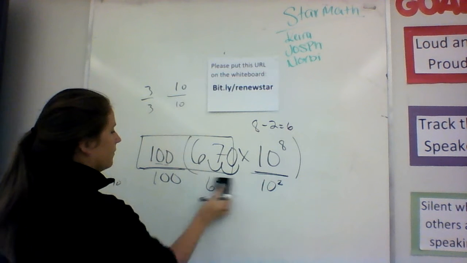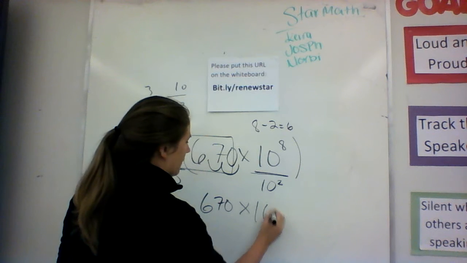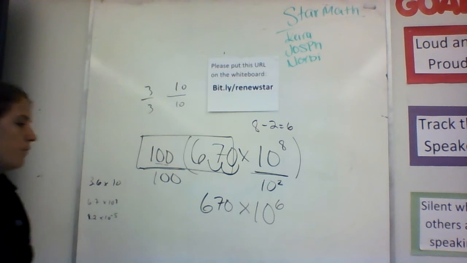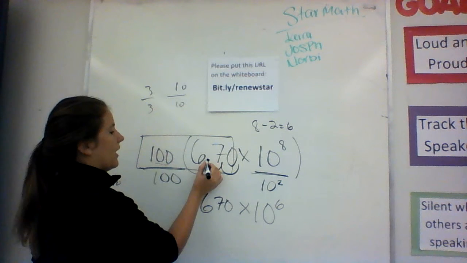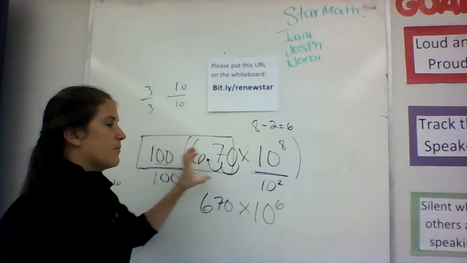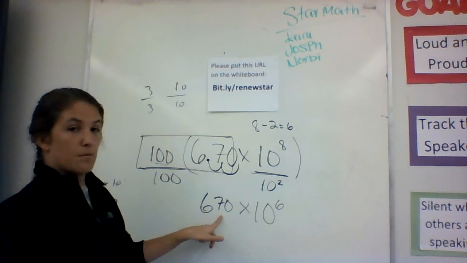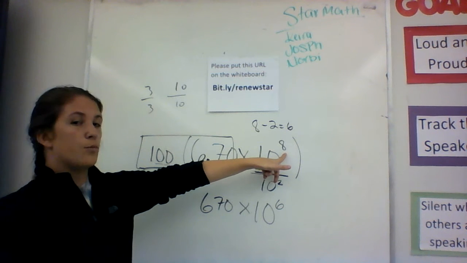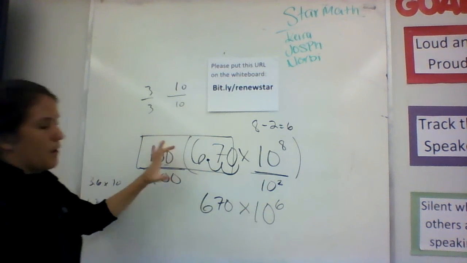So this number became 10 to the 6th power. Again, this makes sense. I took 6.7 and I made it 2 place values larger. In order to keep my expression balanced or the same, if I made this 2 place values bigger, I need to make this 2 place values smaller. These two are equivalent.